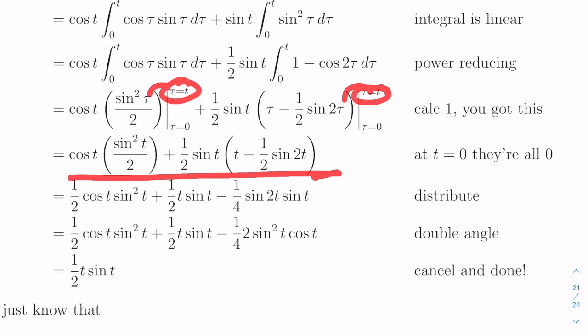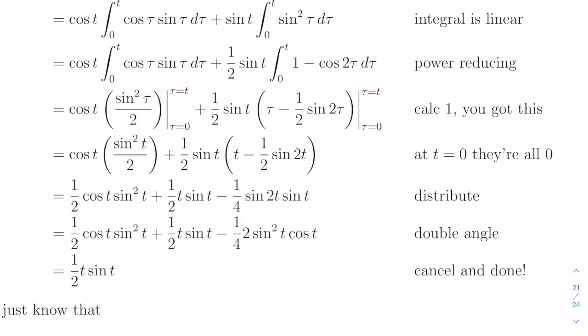And at this stage, I'm kind of done-ish, except this simplifies a whole lot. You can do some distributing, this thing going in here. And then what I have is this 1/2 t sine t, and the other ones, cos t sine squared t and sine 2t sine t.